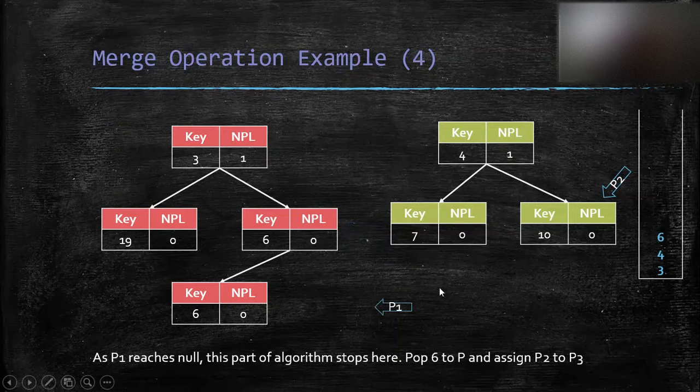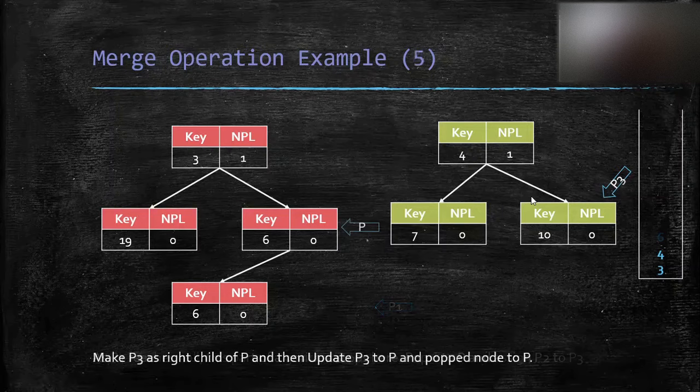We reached P1 is now null, so that part of the algorithm stops there. Now our last process node will be this one, and now we need to pop the nodes one by one and do the activity. My last process node is P3, and I popped a node from the stack which was a pointer to this node.